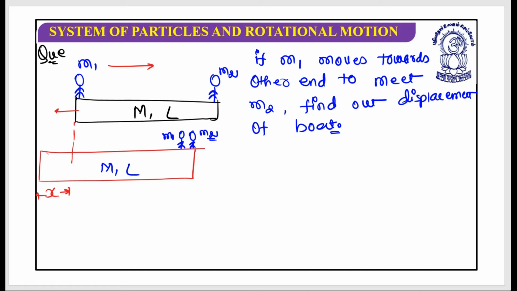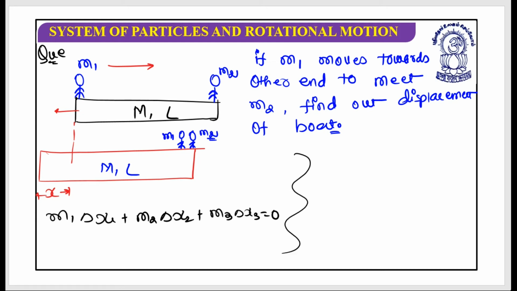So let's just try to do it. In this situation we can say that m1 delta x1 plus m2 delta x2 plus m3 delta x3 would be equal to 0. Let's suppose this is person 1, this is person 2, and this is the boat. Let's write down their displacements. The boat has been displaced by x, so this is minus M into x.